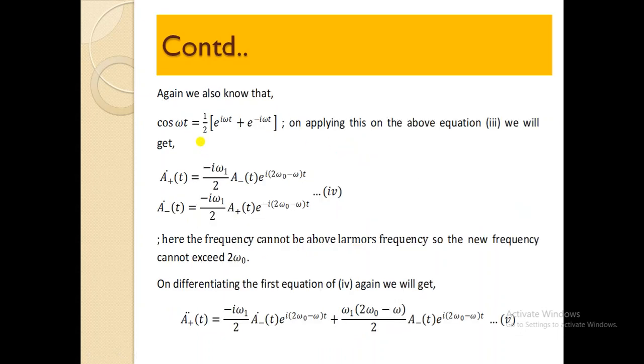We have kept minus iω1/2 as it is, and a_minus dot(t) equals how much? In place of a_minus dot(t) we have put this value, and the other is the same as in the first. In the second we have kept this as it is, and a_minus(t) we have put from here: 2 divided by minus iω1 e^(−i(2ω0 − ω)t).